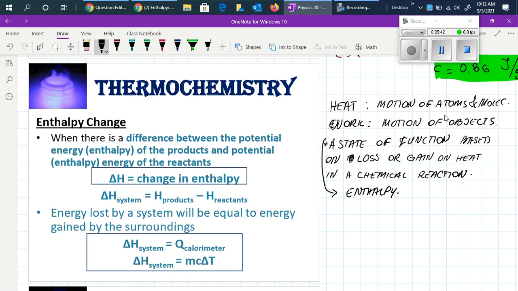Okay, so the enthalpy is the internal energy of the system.